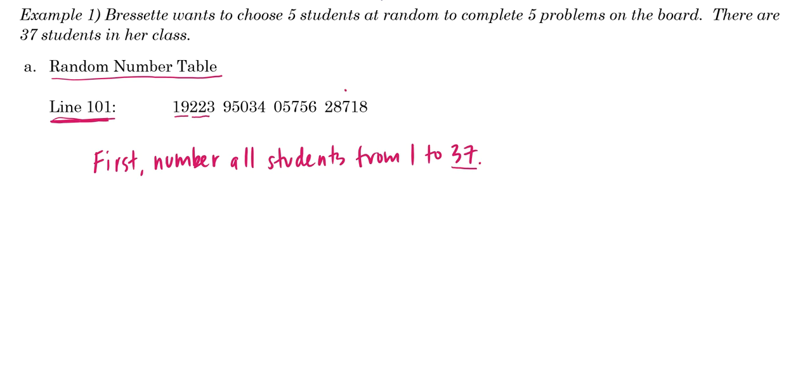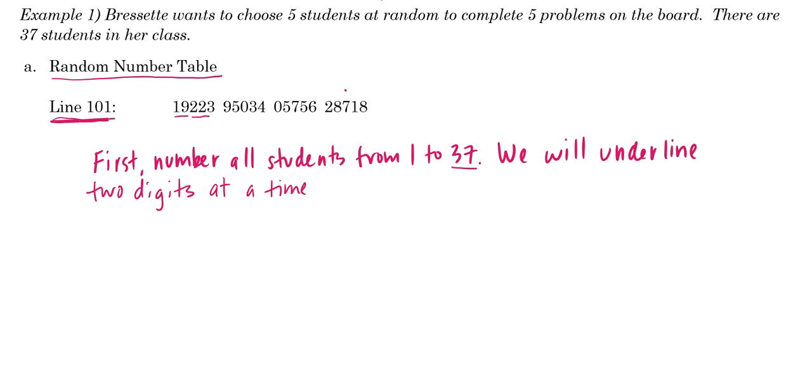So we will underline 2 digits at a time. Since our largest number, and I'm writing this for your benefit, I wouldn't actually have you write this on a test, so give me a second here.